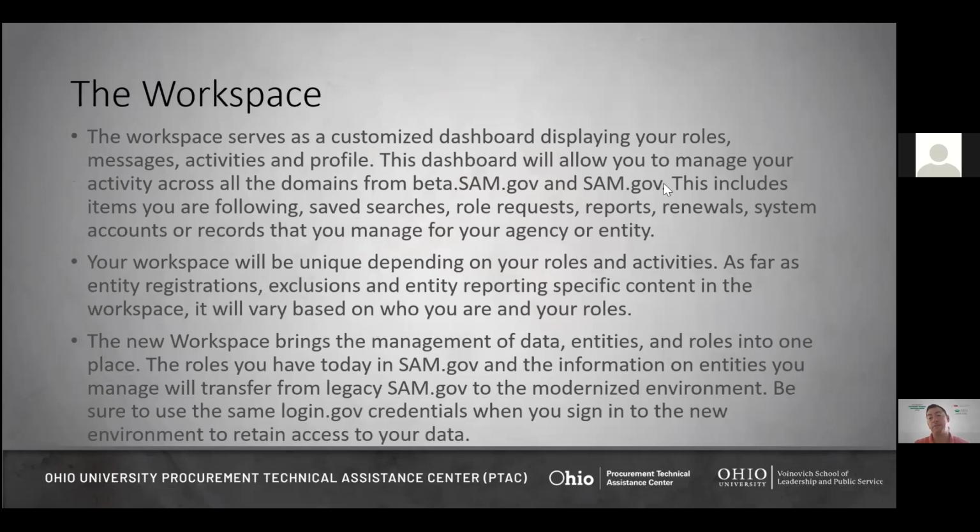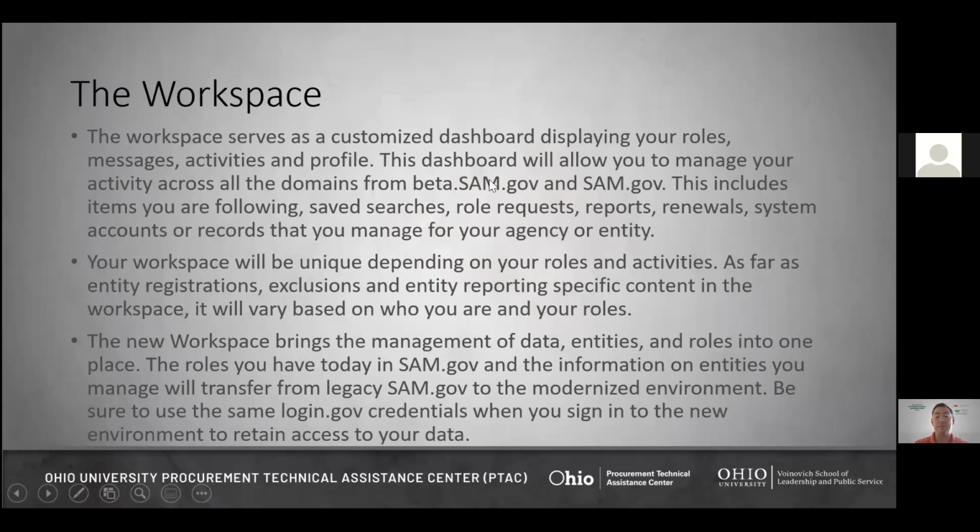Now, the workspace is one of my favorite changes. I think it gives you a really good view of what's going on with your entity. You can now manage reporting. You can manage your saved searches, followed opportunities, your in-progress entities, things of that nature. There are people that manage multiple entities, and that makes this workspace all the more valuable.